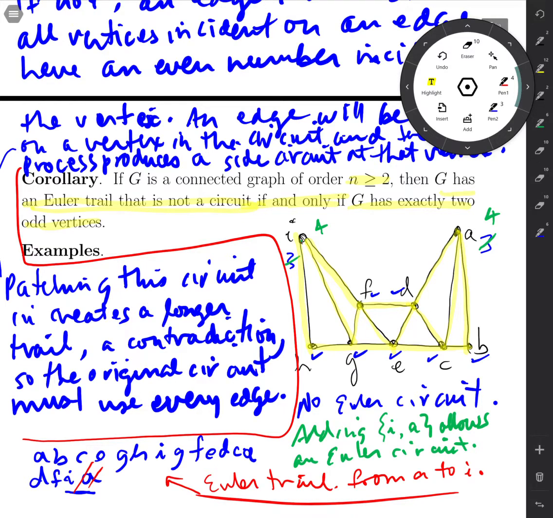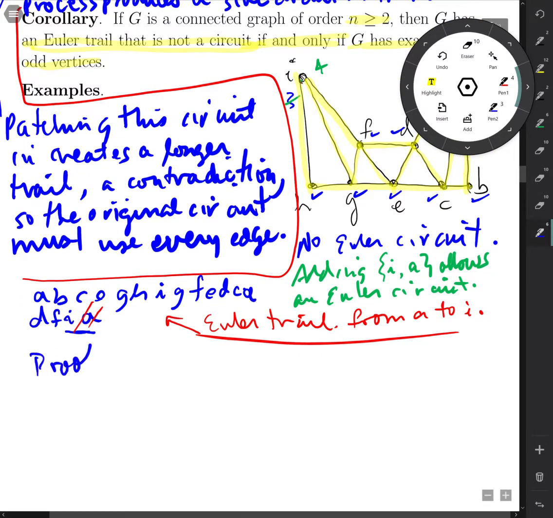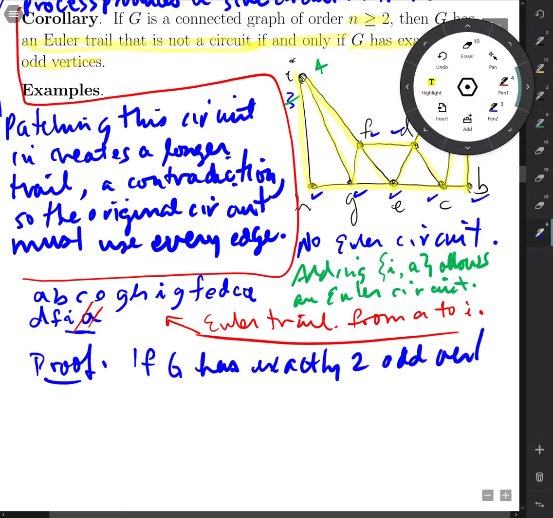So in general, I'll go ahead and write this down real quickly. So proof. If G has exactly 2 odd vertices, add an edge connecting them.